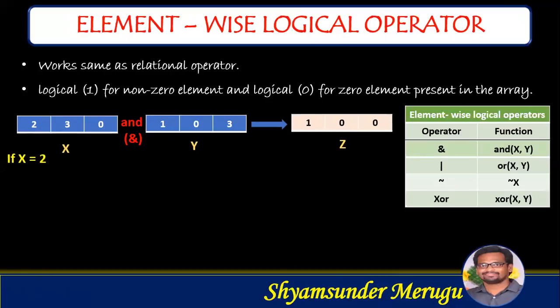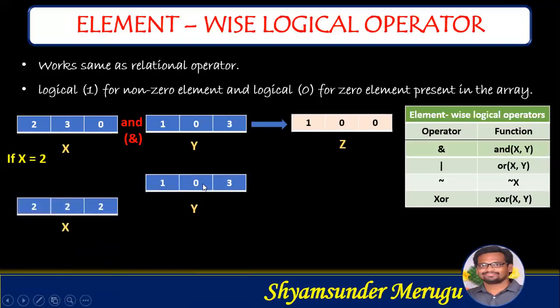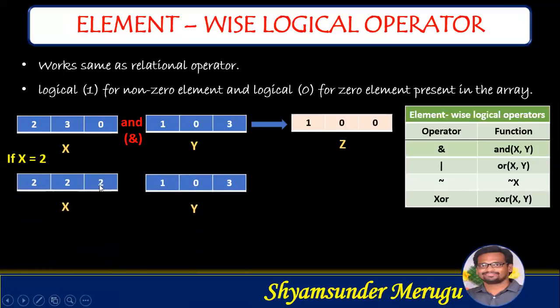In the same way, if x is a scalar and y is an arbitrary array, then x is expanded to meet the dimensions of the variable y. Then we can go for another element-wise logical operator. Here it is OR, and remember, when the OR operation is performed, only if both the inputs are zeros do we get logical 0 as the output, and in all other cases we get logical 1.